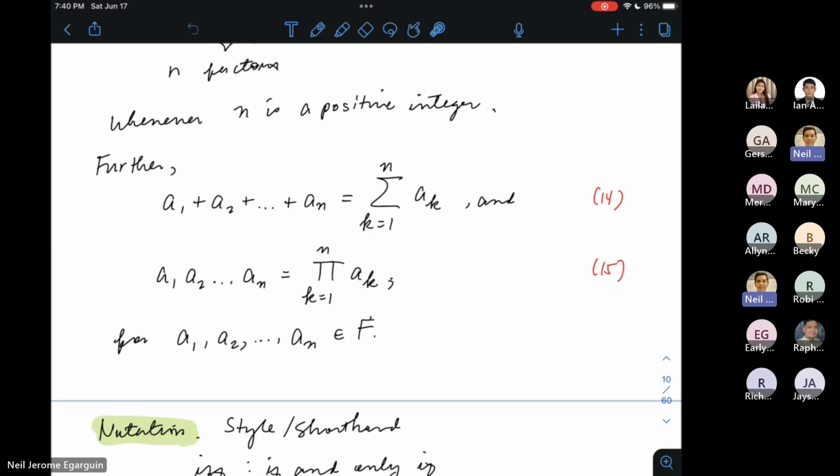So you are just adding a bunch of a sub k's, k going from 1 to n. And here we're just multiplying a sub 1 until a sub n. But again, the addition and multiplication in equations 14 and 15 are as defined kasama nung field, not necessarily the usual addition and multiplication that we know, right? All good?